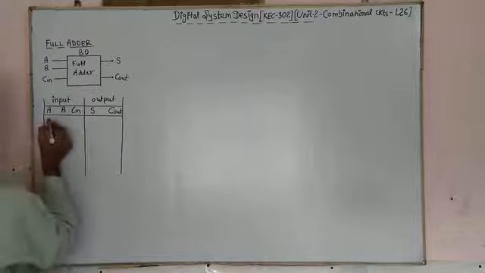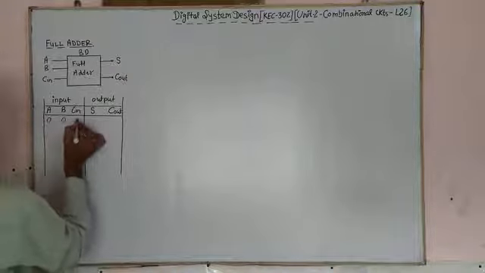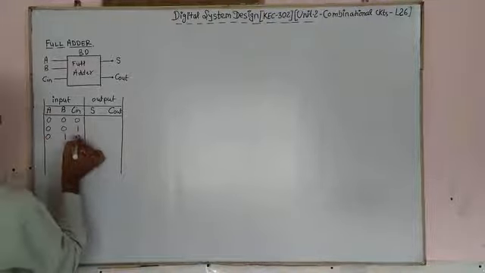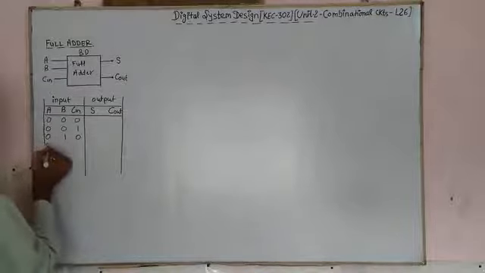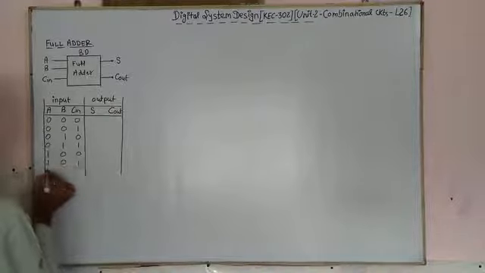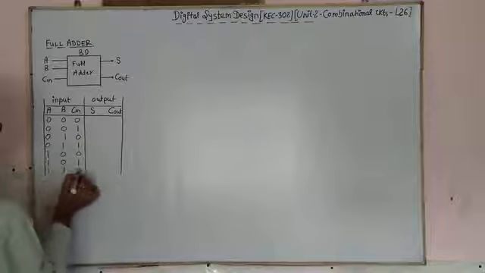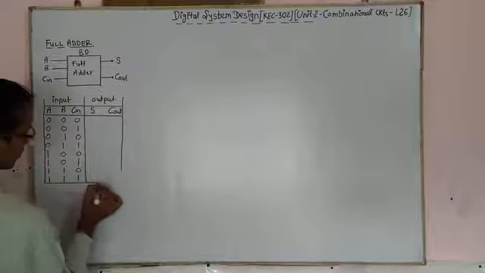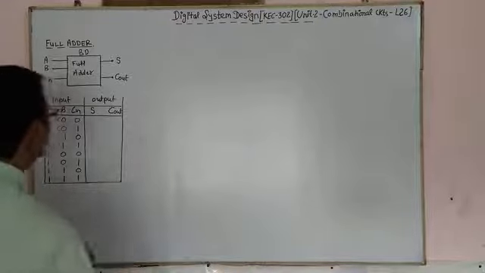Okay, so with the 3 inputs we will have 8 combinations, that is 0 0 0, 0 0 1, 0 1 0, 0 1 1, 1 0 0, 1 0 1, 1 1 0, again 1 1 1. So we have 8 combinations with 3 inputs.